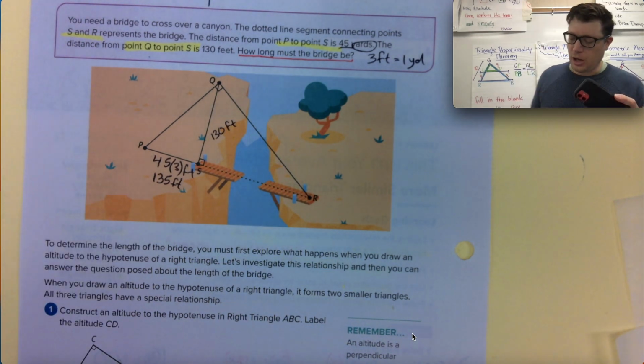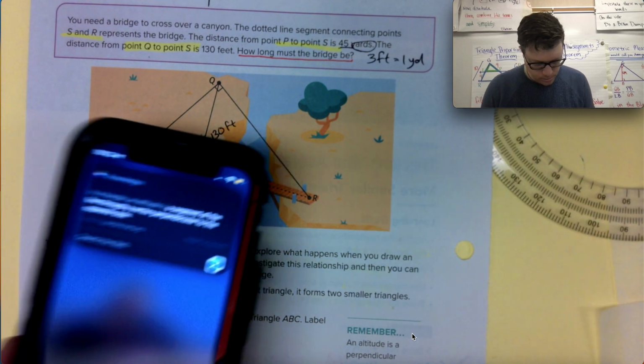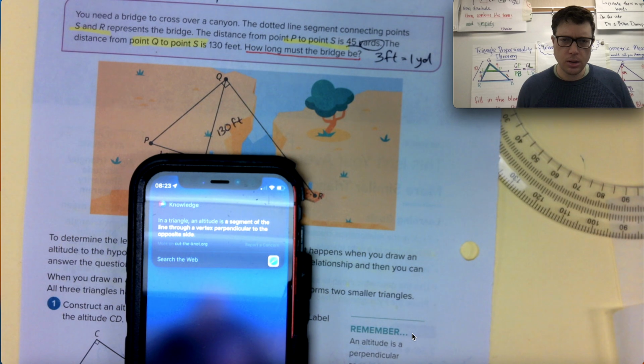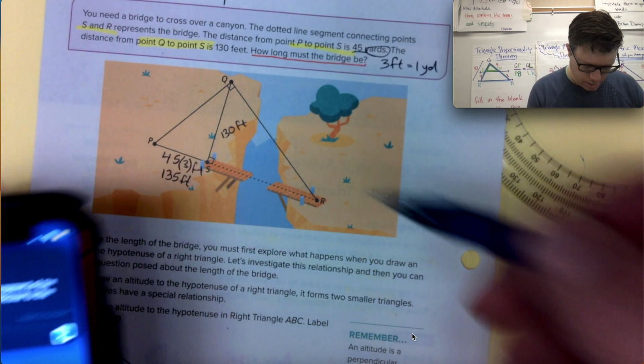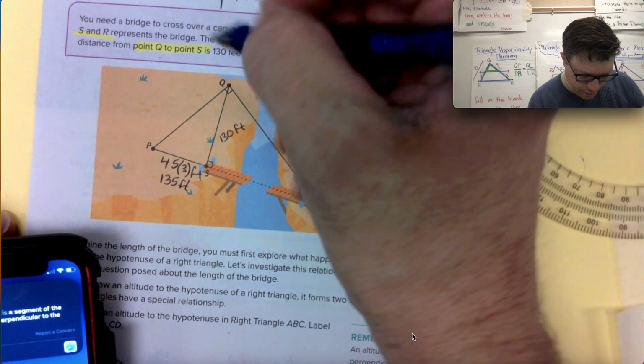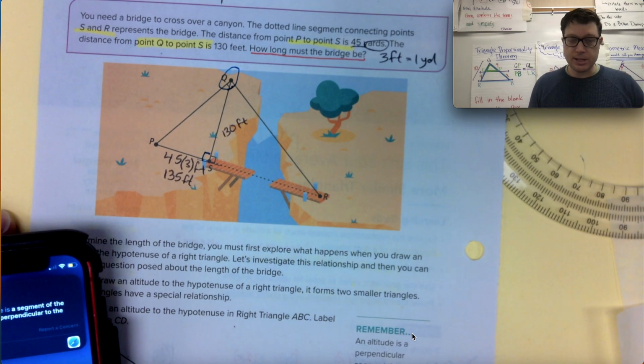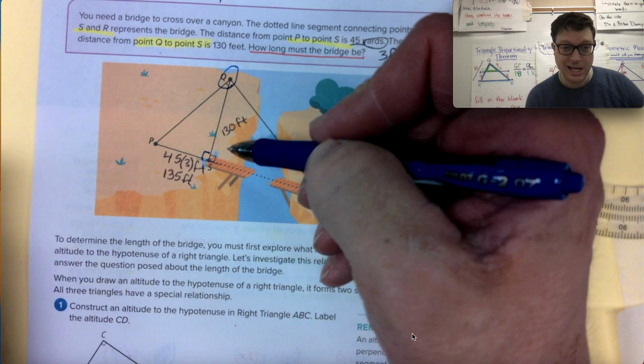Hey Siri, what's an altitude of a triangle? Here's what I found from cutthenot.org: in a triangle, an altitude is a segment of the line through a vertex perpendicular to the opposite side. So this QS is the altitude.